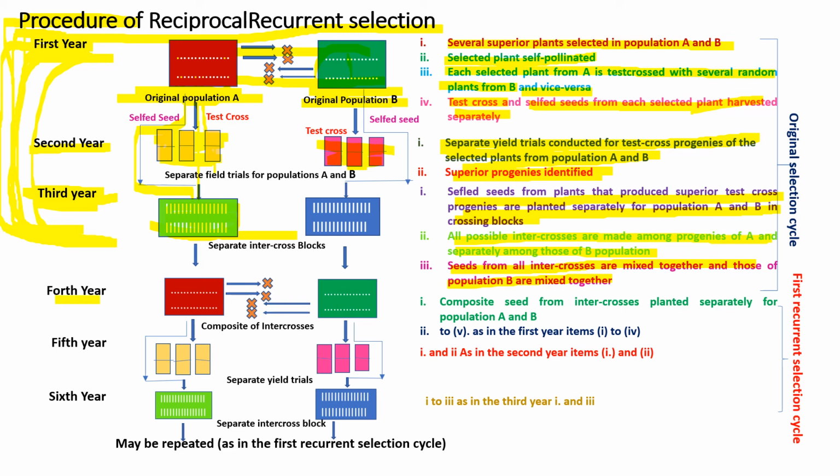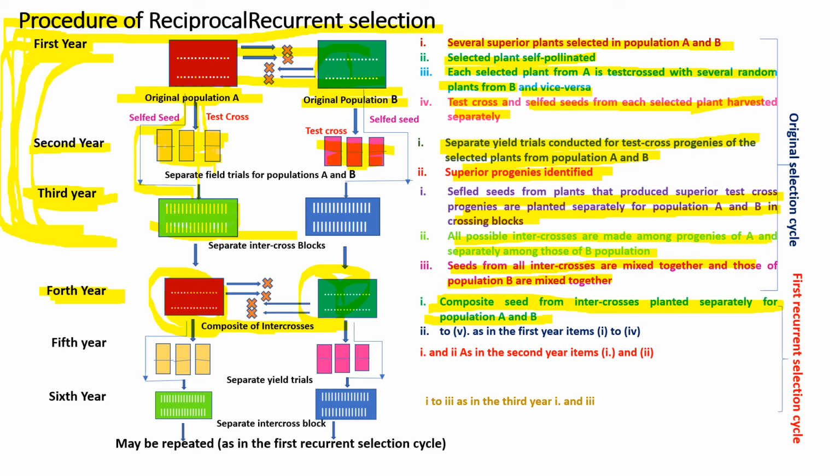In the fourth year, what do we do? We take the composites of intercrosses. The seed selected from the first three years is now taken as original population A and original population B. A composite seed from intercrosses is planted separately for populations A and B, and then selected plants are self-pollinated.